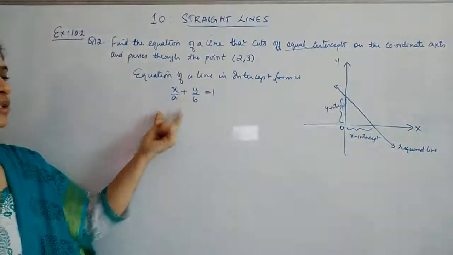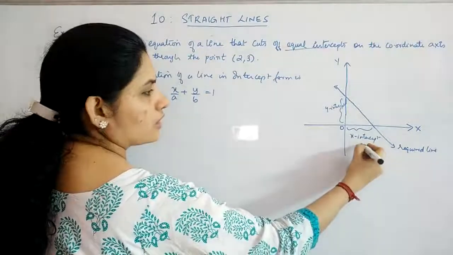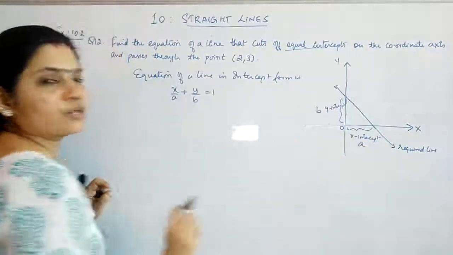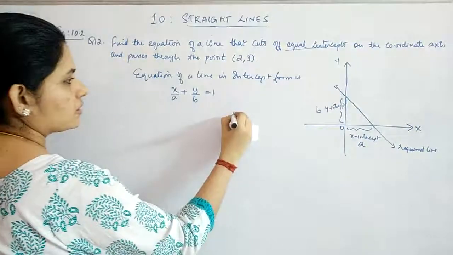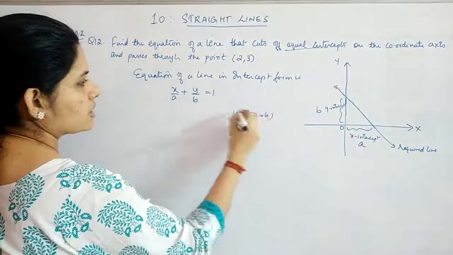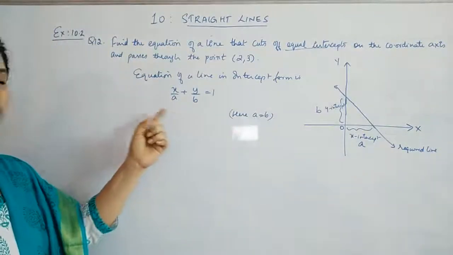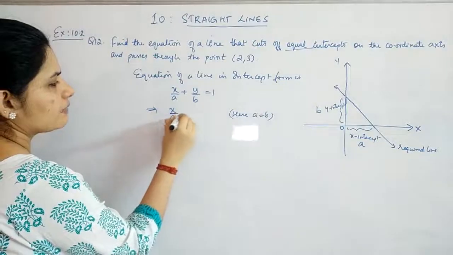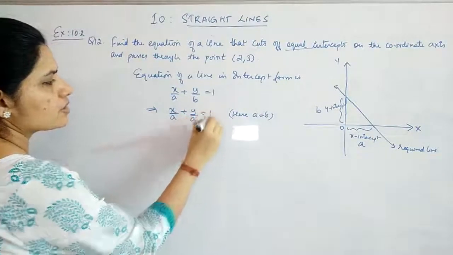Here this intercept is your a and this is normally b. In this case you have a equal to b, so we are replacing with one variable for both. That means you will get x by a plus y by a equal to 1.